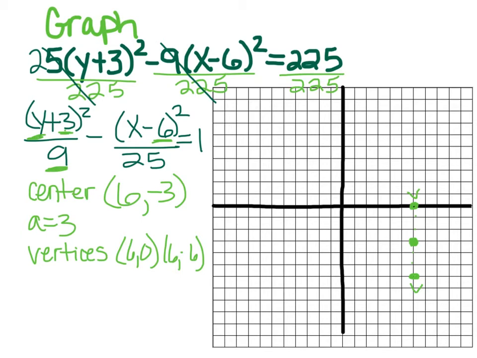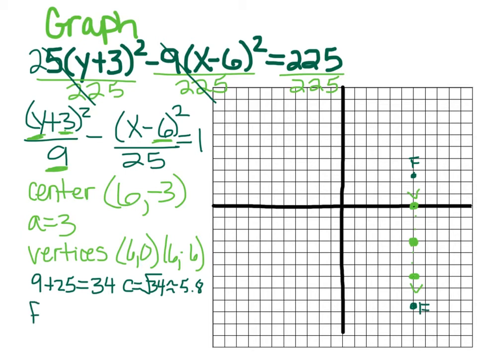Okay, we need to find c. So we're going to say a squared plus b squared equals c squared. C is the square root of 34, and that's approximately 5.8. So we're going to go up 5.8, put a focus, and down 5.8, and put a focus.